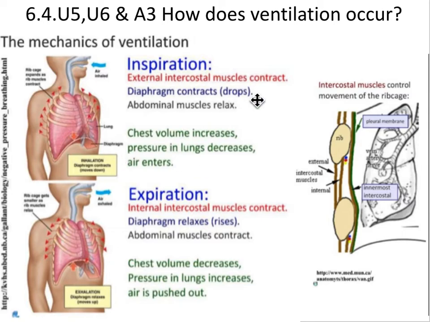There are also these little muscles, because each muscle can only contract in one direction. So you have multiple muscles that have to work together to allow you to pull that diaphragm down or push that diaphragm up. When you look here, for inspiration, we have the external intercostal muscle, which is going to contract.